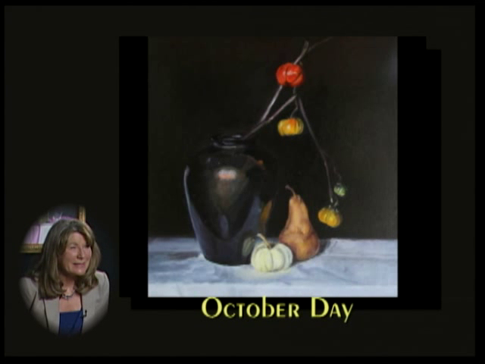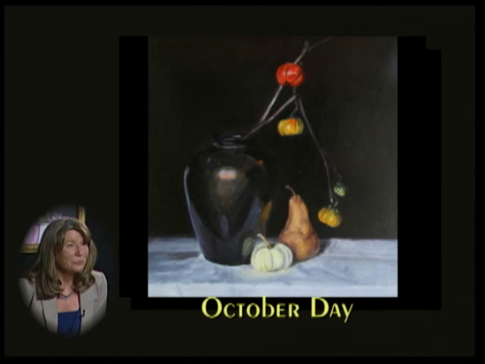October Day. You really want to connect all the various aspects of your painting together. You really want to draw the eye in and around and up, so that the eye touches everything that's in your painting. For this particular one, there are curved edges in every single item on this painting, and they're all connected one to the other.